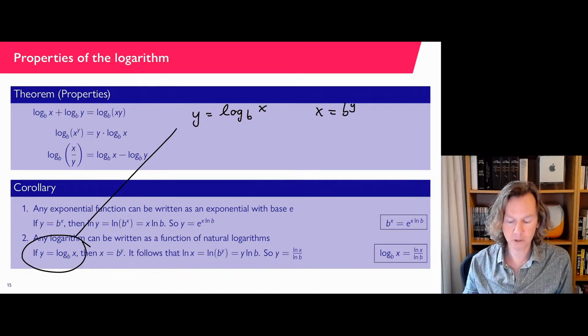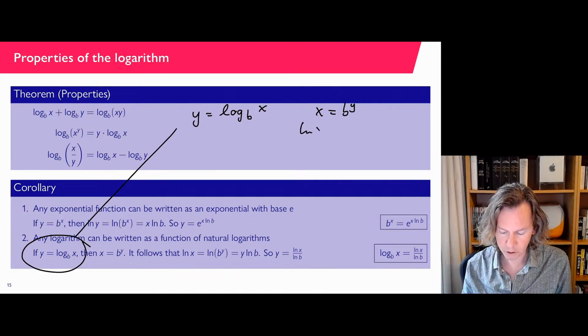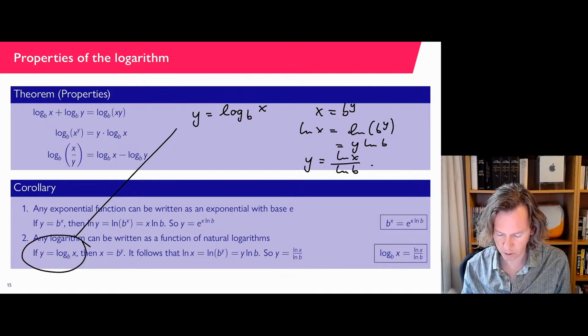Now let's take ln's again. So ln x equals ln of b to the power of y. I can write the y, the exponent, in front of the ln. So apparently y itself is ln x over ln b.